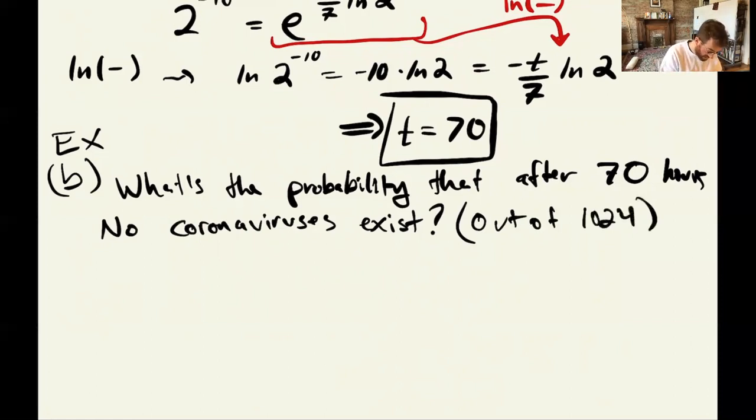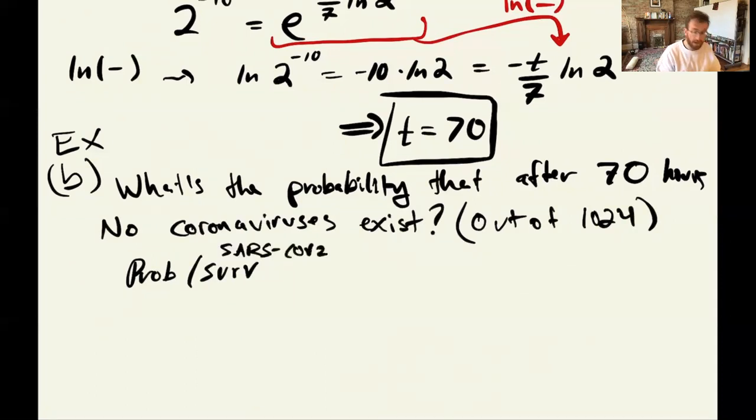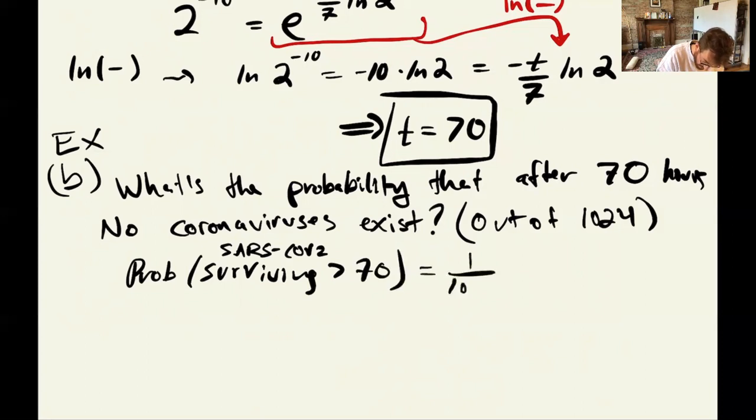Well, we just determined that the probability of surviving of that extremely destructive virus, SARS-CoV-2, SARS coronavirus 2, beyond 70 hours is equal to 1 out of 1024. So that means by the law of complements, the probability that it doesn't survive is 1 minus this.